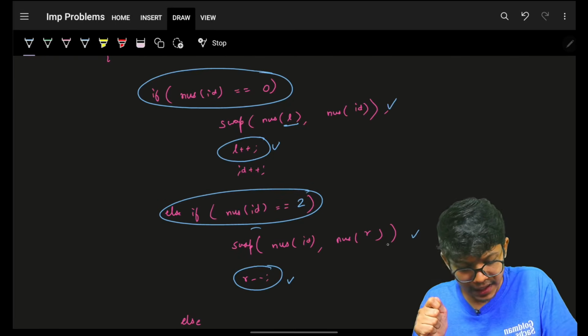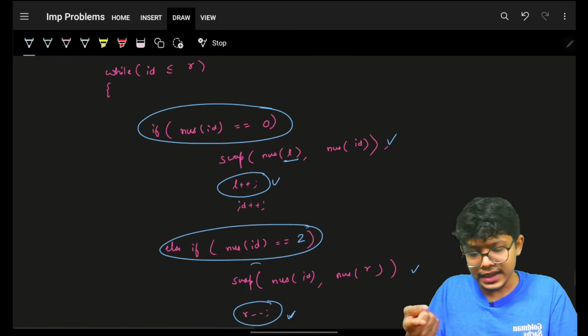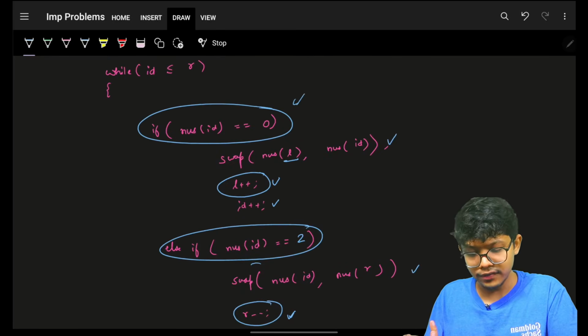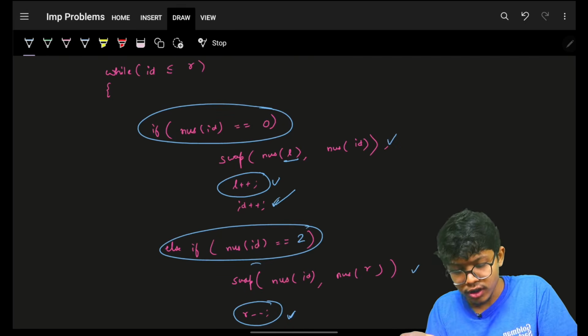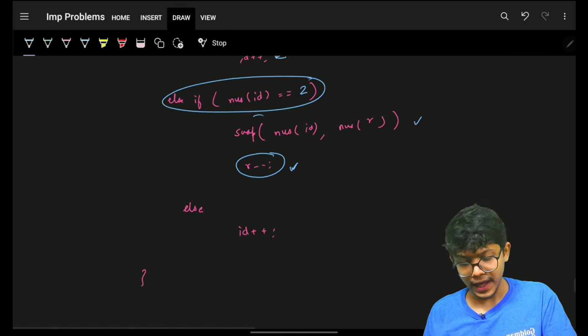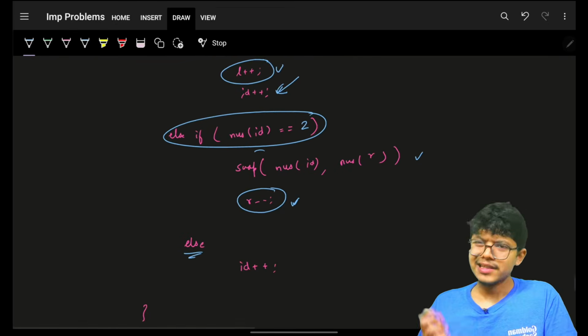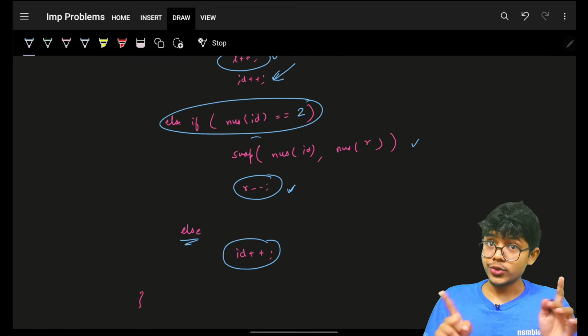Again, do a swap and decrease your R. It's always the same. But in the case when I am doing it with ID, it is also safe to increase your ID, and we saw the proof. And ultimately, if it is 1, simply increase ID because ID should only store a 0 or a 2.